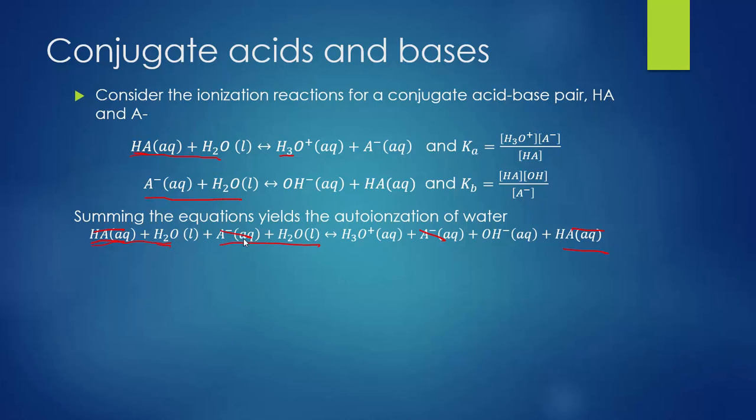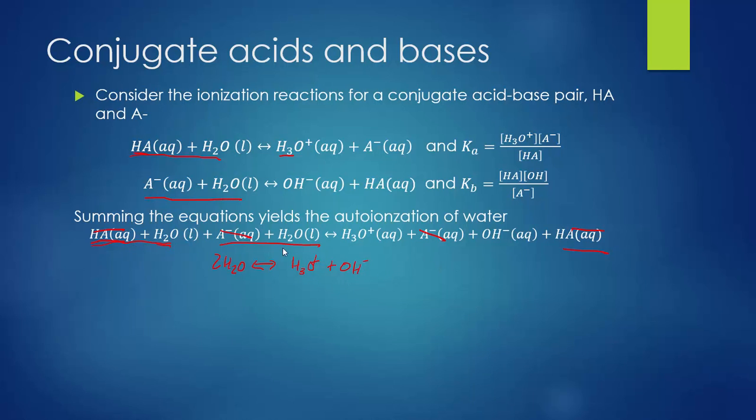And so H2O plus H2O, so I have two H2Os, and they are producing H3O+ and OH-. Okay, so what you can see is when I have an acid and its conjugate base reacting together, I basically just have the autoionization of water, the acid and base part goes away. And this is handy because if we take these two things together, we can actually figure out the relationship of Ka and Kb.